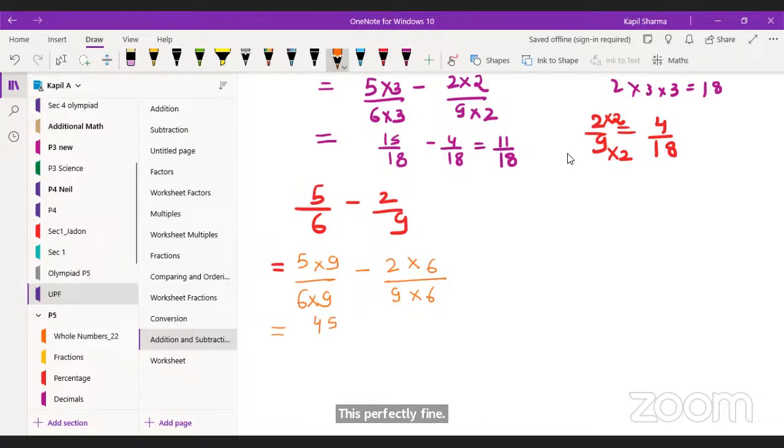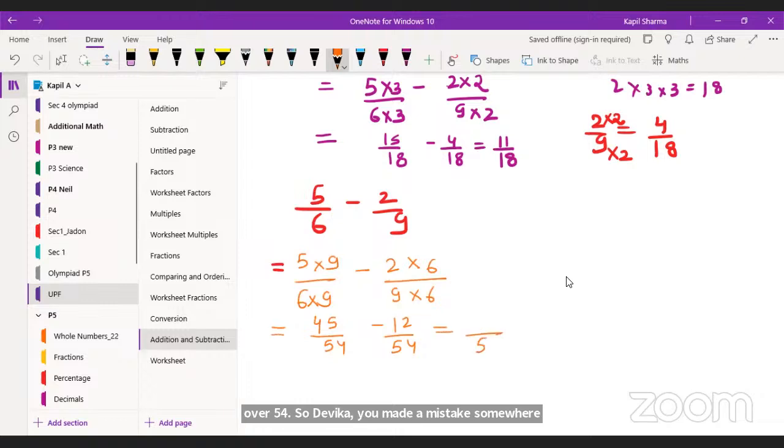So this becomes 45 over 54 minus 12 over 54. So Devika, you made a mistake somewhere here. It's 54, but 45 minus 12 is 33. Now you might think that these two are different, but they are not.